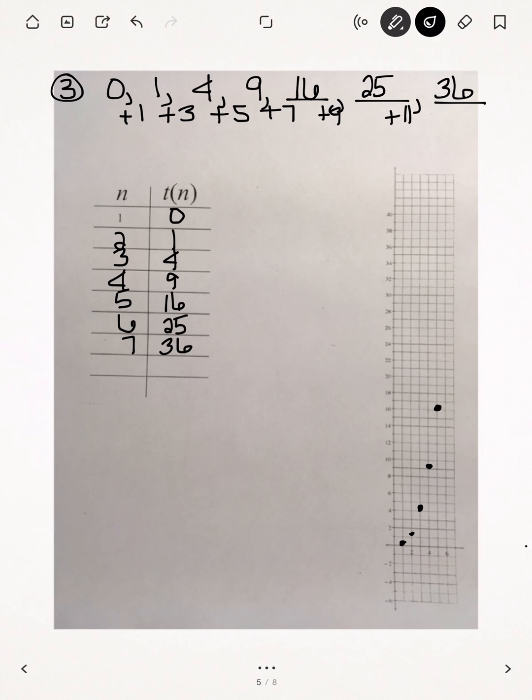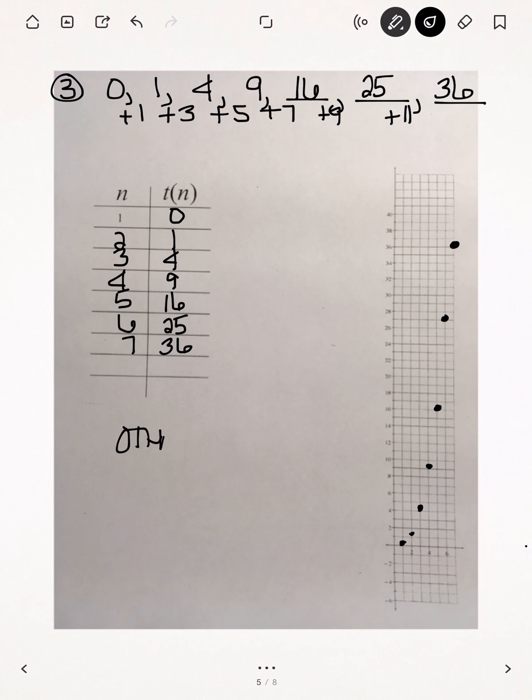Over 6 up 25. And over 7 up 36. Now, it kind of looks like it could be exponential, but since I'm not multiplying by the same thing every time, I'm adding odd numbers every time. That's something different. This is actually what we would call other.